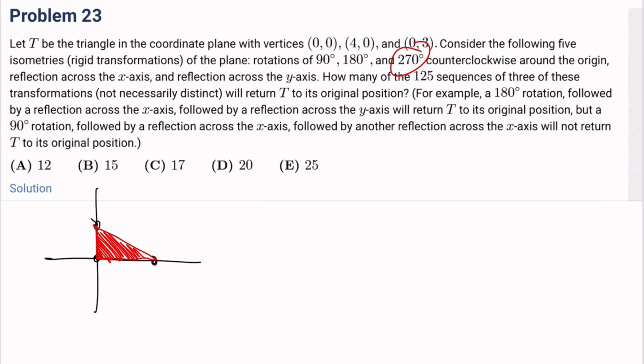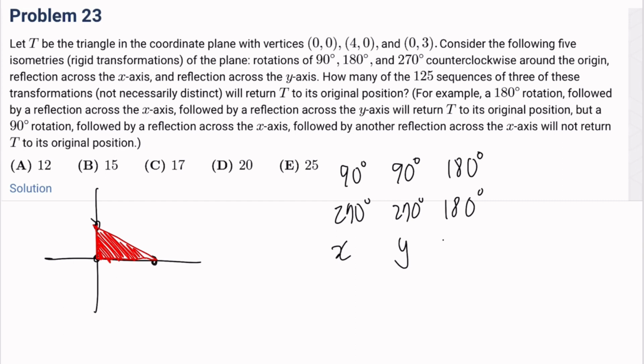And so our only possible combinations are a 90-degree rotation, 90-degree rotation, and then 180-degree rotation, or 270-degree rotation, 270-degree rotation, and then 180-degree rotation, or x-axis flip, y-axis flip, and then 180-degree rotation, because these will all get T back to its original position. And so we have to always do a 180-degree rotation to get it back to its first position.